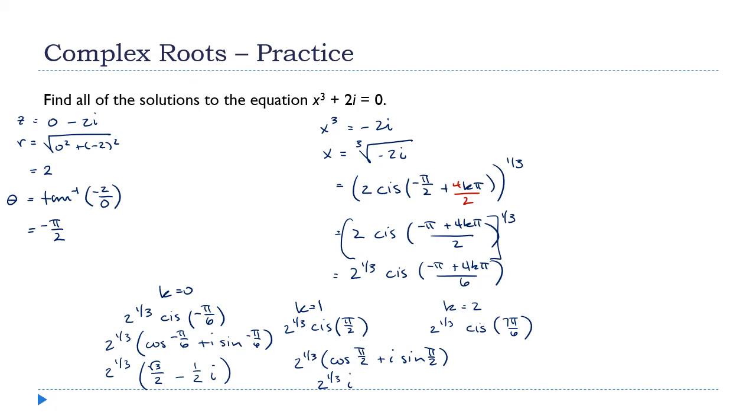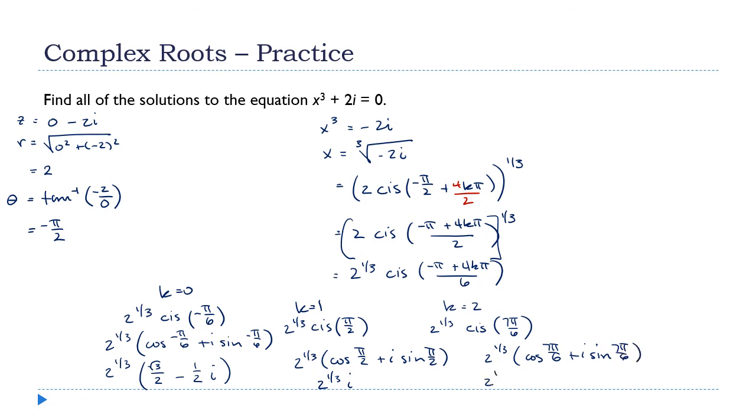And you can do the same thing on this next one. We know it's 7 pi over, well, now that I've started, I can't stop, right? Sorry. This is 2 to the 1/3 cosine 7 pi over 6 plus i sine 7 pi over 6.